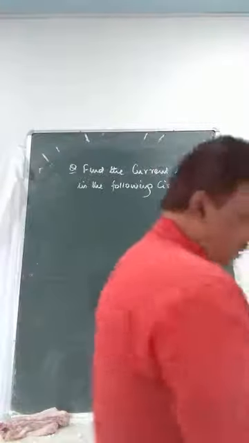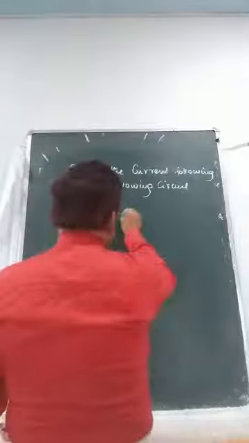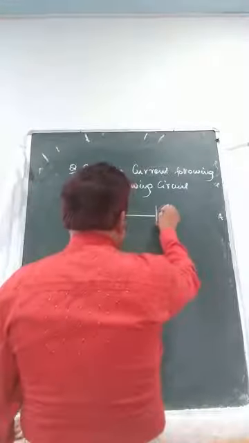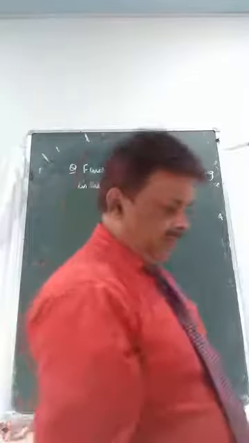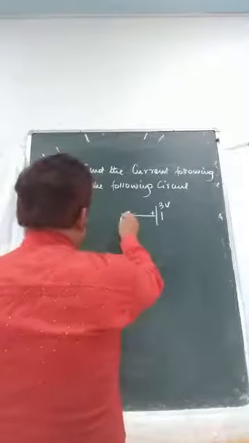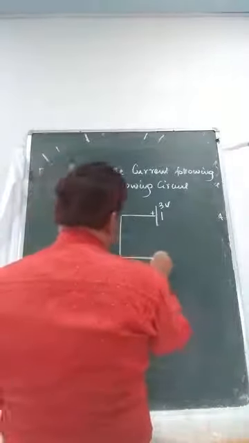Okay, so what is given? Look here. There is a 3-volt battery here, and the wire is coming like this. Then you find a junction here.